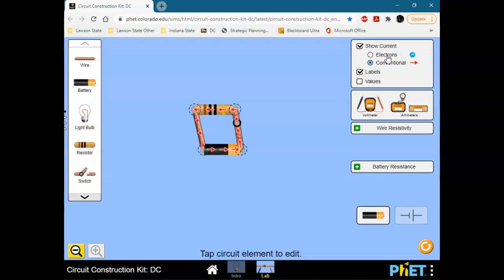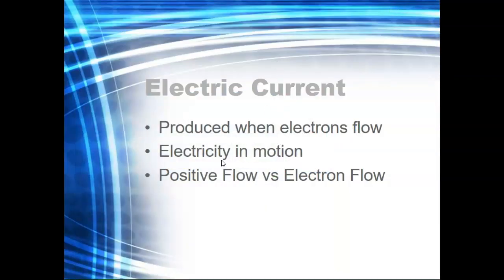Miss Bush, what does it mean convention? So conventional flow is how we think of it versus electron flow is what it actually is. Okay, so positive flow or conventional flow means that that's how we think it works.